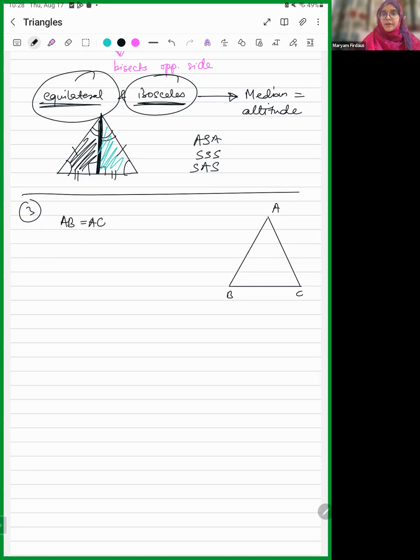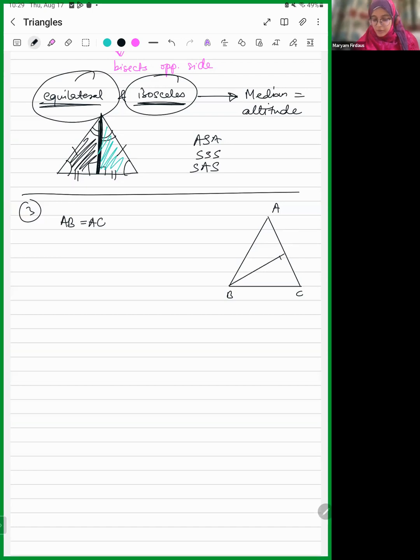Okay, now altitudes again. Avni, now I'm going to ask the same question to you. How many altitudes can a triangle have? 3. And how many medians can a triangle have? 3. Very good. So they are also telling us that altitudes are drawn like this. This is an altitude.